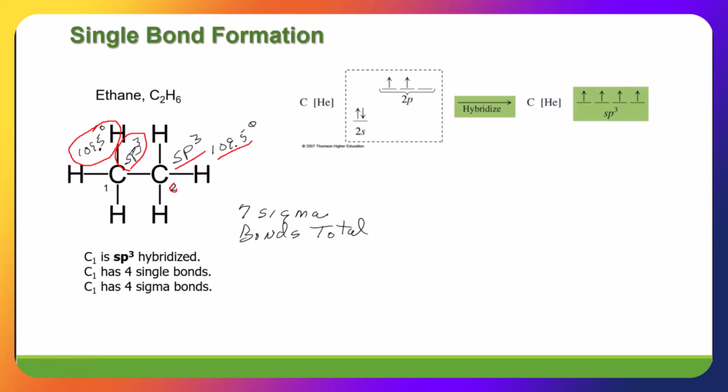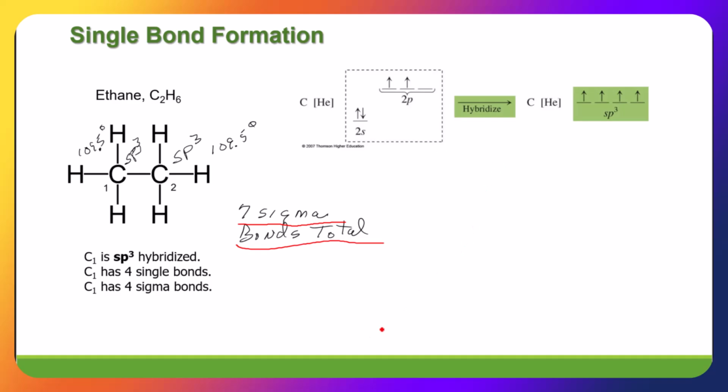I'm going to just count bonds. Let me erase a few things to make it a little bit cleaner. Okay, here we go. 1, 2, 3, 4, 5, 6, 7 single bonds, no double bonds, no triple bonds. That means that the total is 7 sigma bonds.